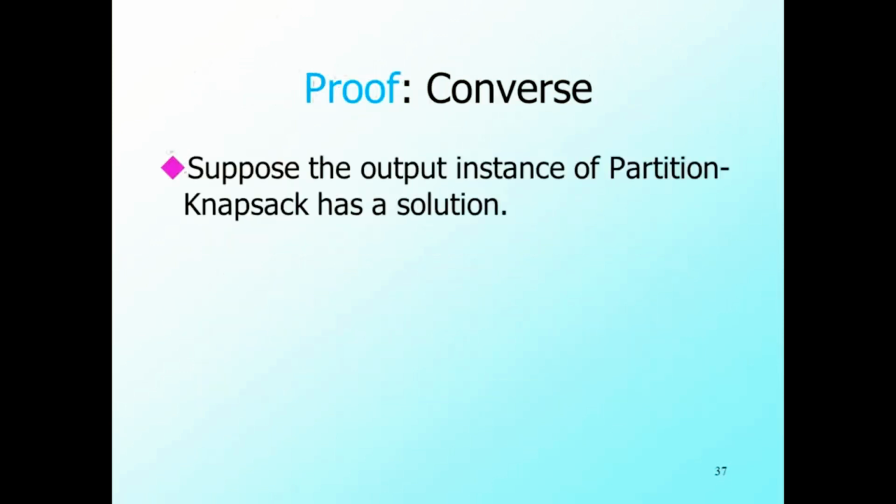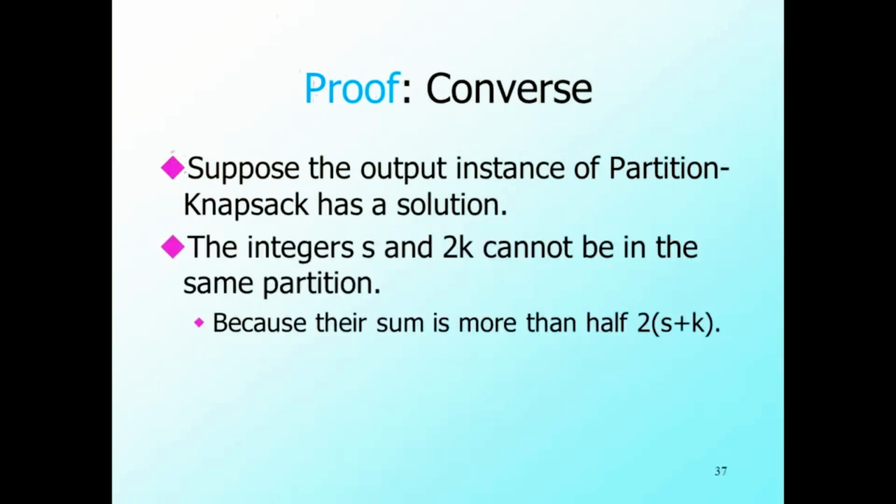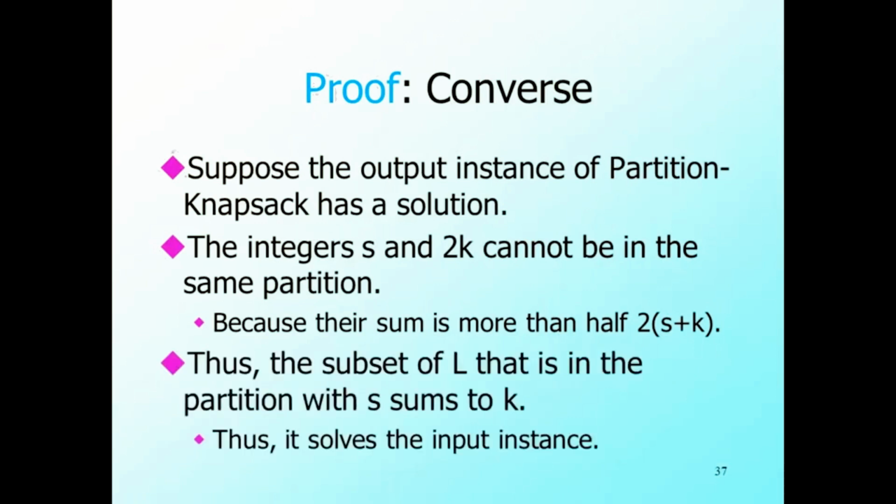And conversely, suppose there is a solution to the output instance. We claim that the two integers S and 2K cannot be in the same partition because their sum is S plus 2K, and that's more than half the sum of all the integers in the output instance, which recall is 2S plus 2K. Now, if the output instance of partition knapsack has a solution, then the subset of L that is in the same partition as the integer S must sum to S plus K. That's half the total.